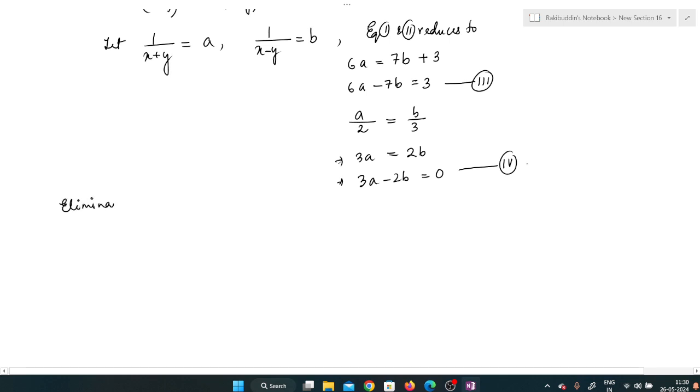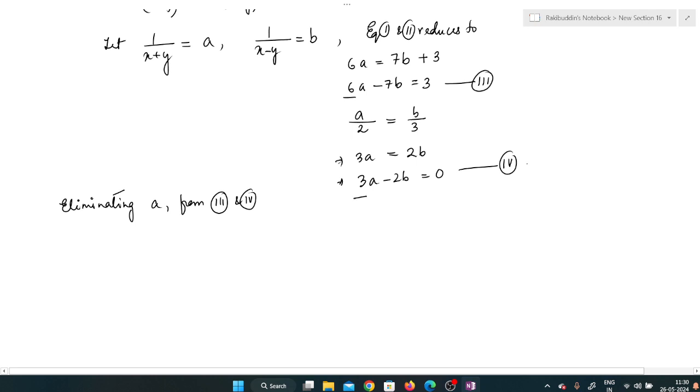You can choose any method now, as you have learned all the 3 methods. So eliminating a from 3 and 4, here a has 6 and here a has 3.